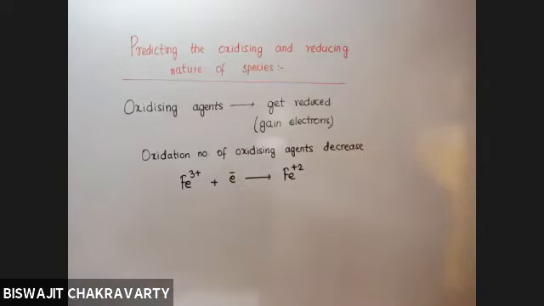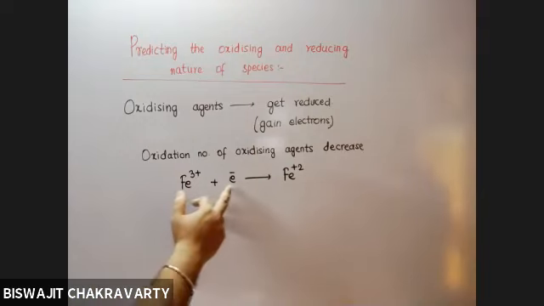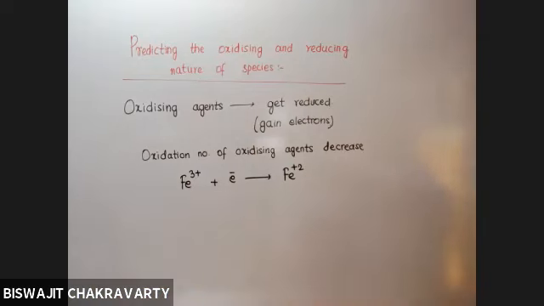It was previously +3 and now it is becoming +2. If Fe3+ in any reaction accepts the electron, where from will it accept it? The other species, which is not mentioned here, must lose the electron. Then only can it gain the electron. So when it gains the electron, its oxidation number decreases. So always remember that the oxidation number of oxidizing agents decreases during redox.